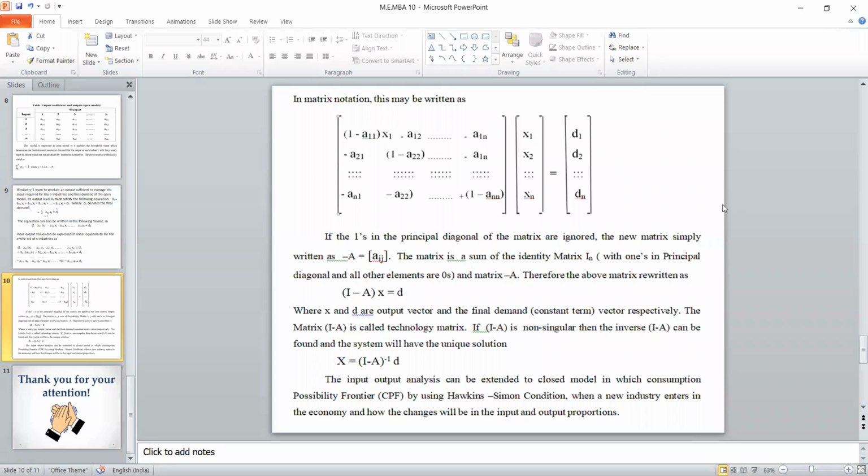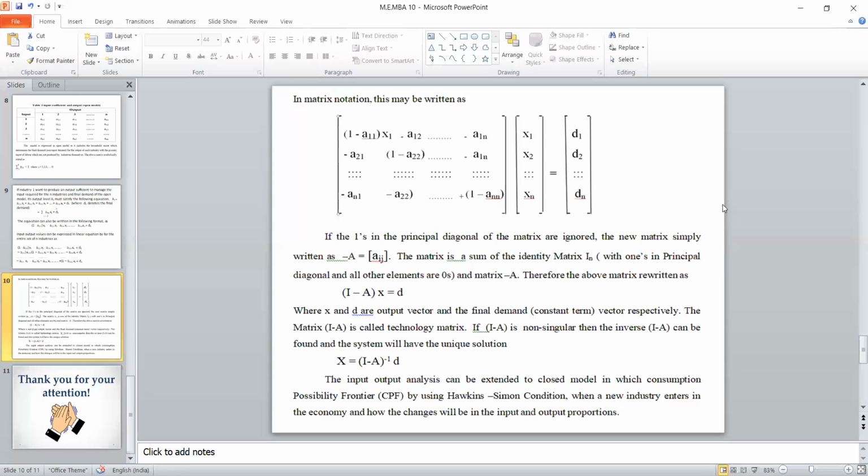In this particular equation, if you construct a production possibility frontier, we can get the consumption possibility frontier, because this can represent which industry is supplying the input to which industry. We can say one industry's output will be the input for the next industry. There will be n industries.